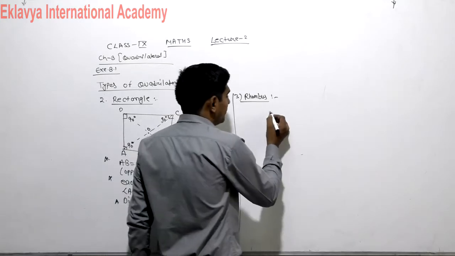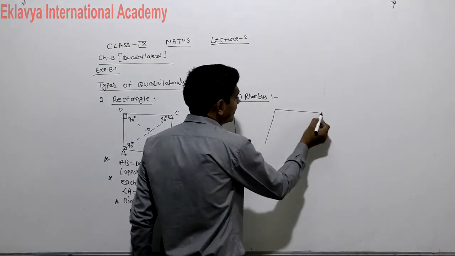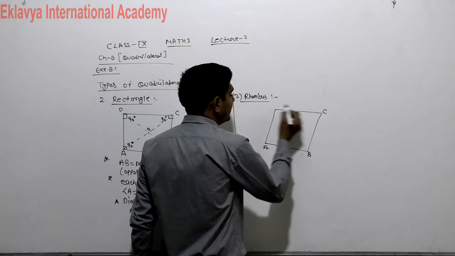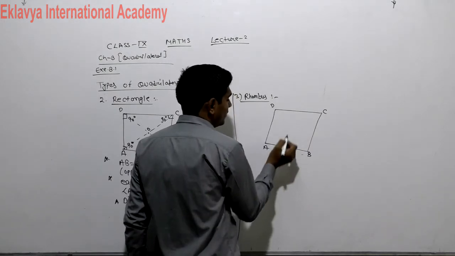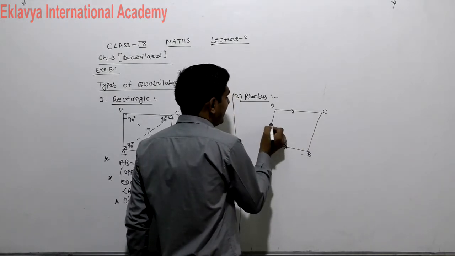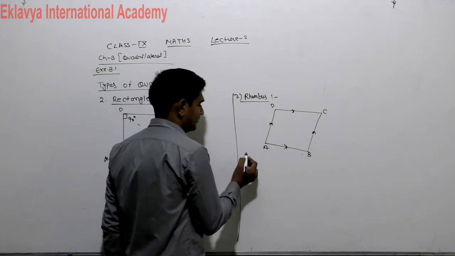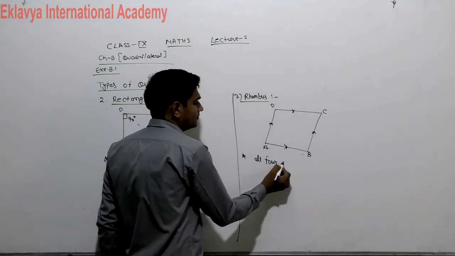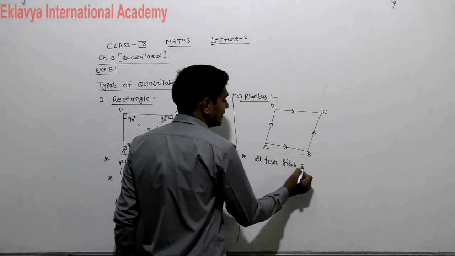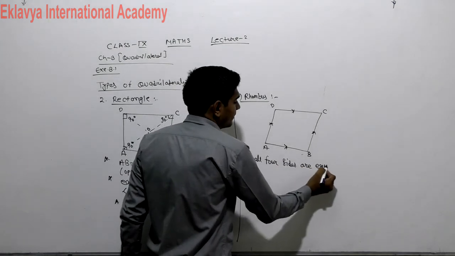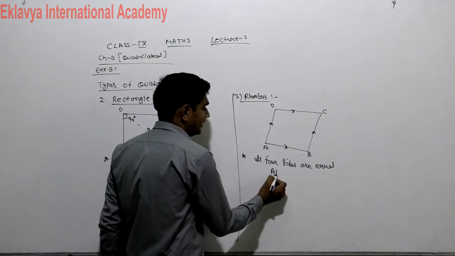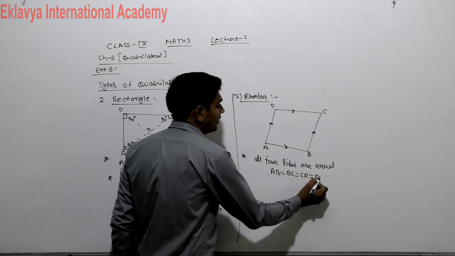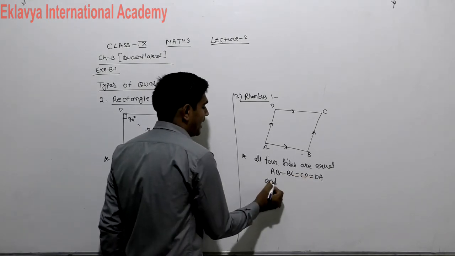Rhombus: in a rhombus all four sides are equal. ABCD is a rhombus. All four sides are equal and parallel, meaning AB equals BC equals CD equals DA, and parallel also.